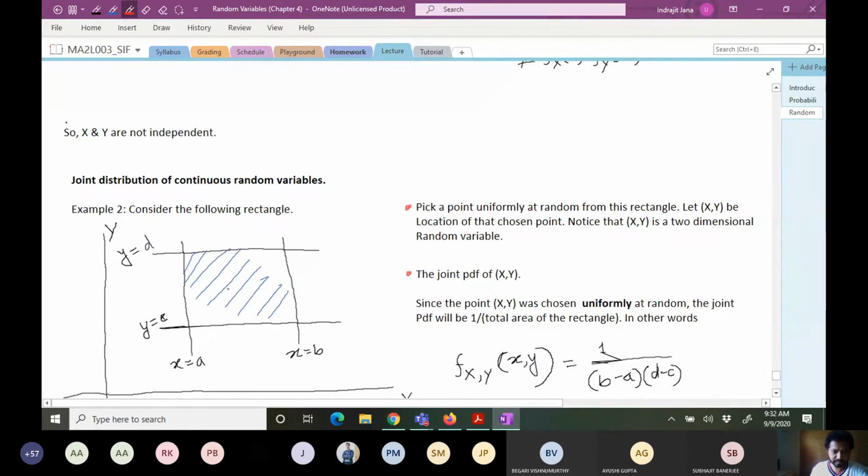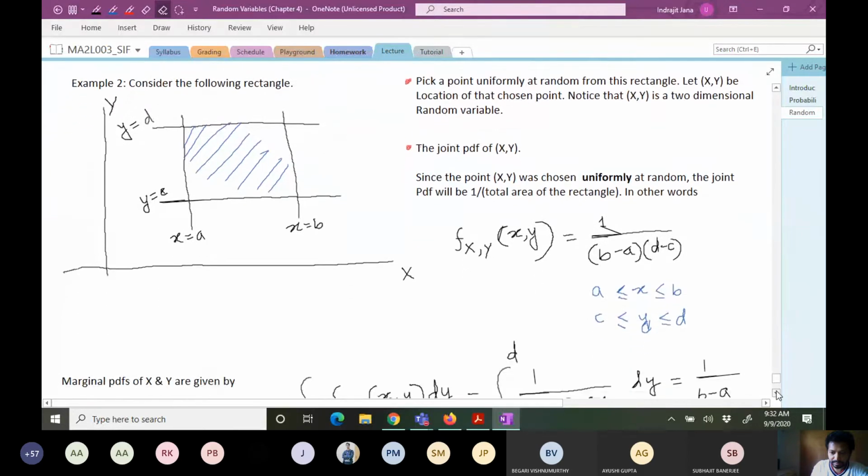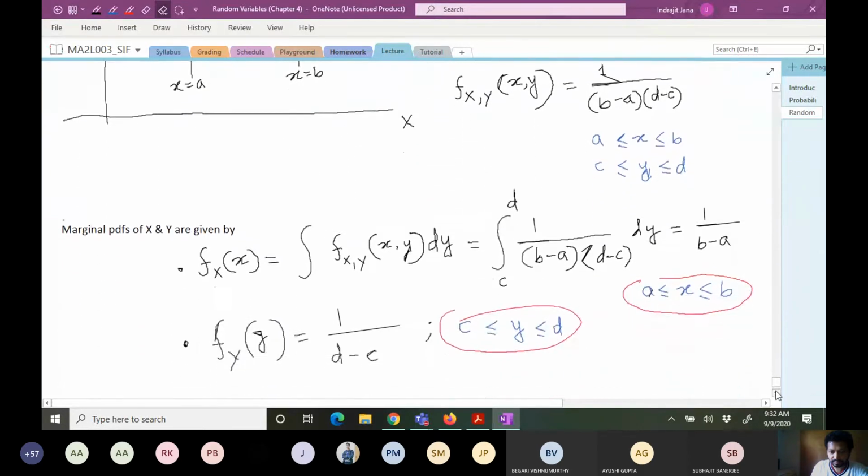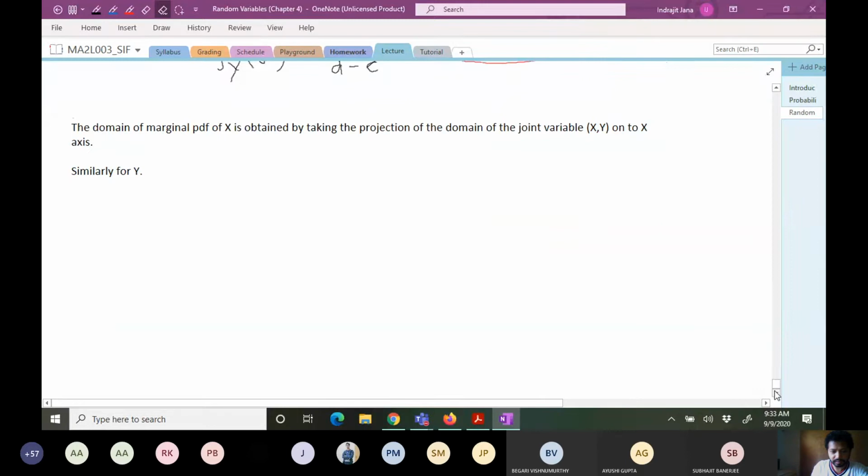This is the joint PDF picture, and if you take the projection or shadow of this picture onto the x-axis, the shadow will be confined between x is equal to A and x is equal to B. Similarly, if you take the projection onto the y-axis, the shadow will be from y is equal to C to y is equal to D. So this is how you figure out the domain of the marginal PDFs, and this is for any joint distributions.